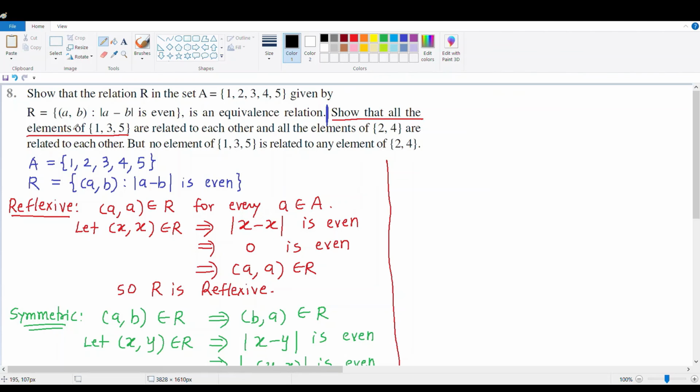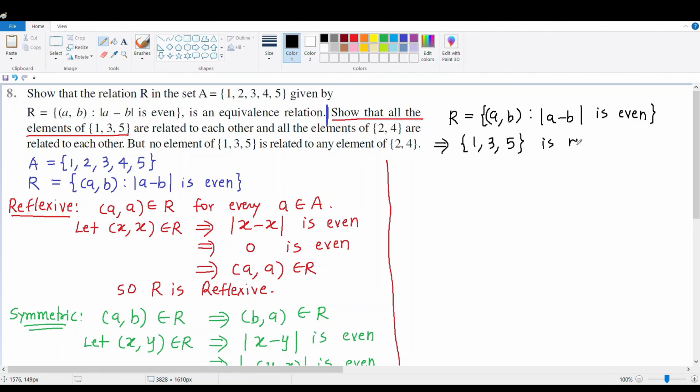So still our R is the same. So let me just rewrite that R is a comma b, where the absolute value of a minus b is even. Okay. Now this implies that the set 1, 3, 5, that's what we are supposed to work on, is related to each other.